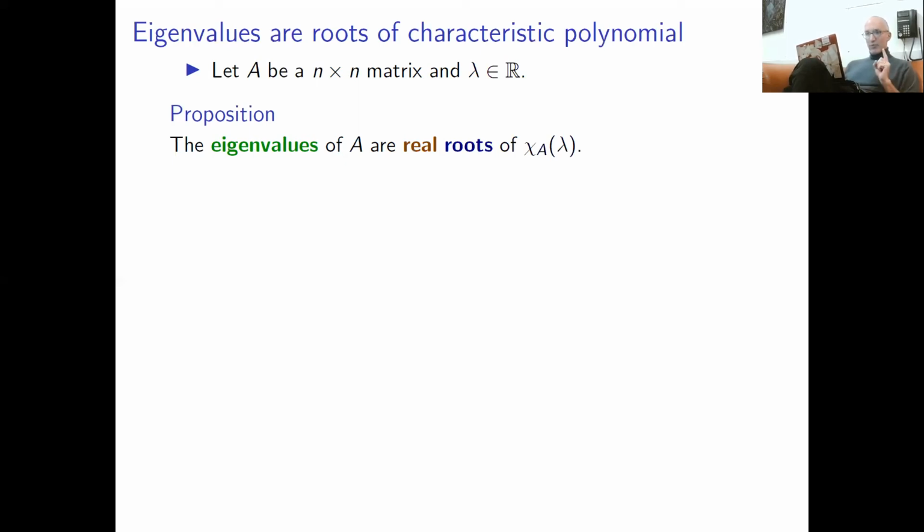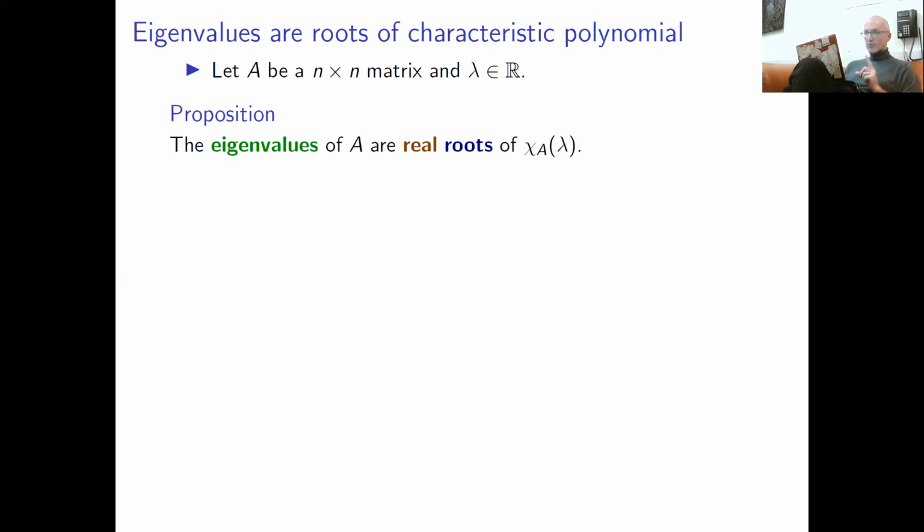Here is an important point: we assume that lambda is a real number. Everything in this part of the lecture is about vectors with real entries, matrices with real entries. There are no complex numbers or anything. We will discuss complex numbers in the third part of this lecture, but not now.